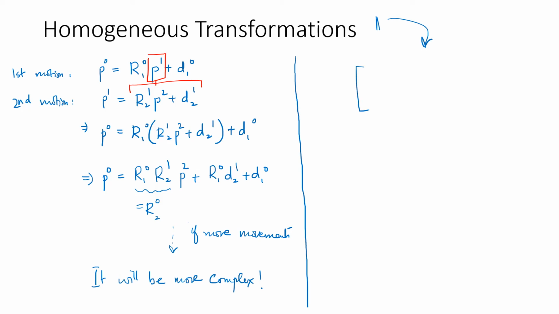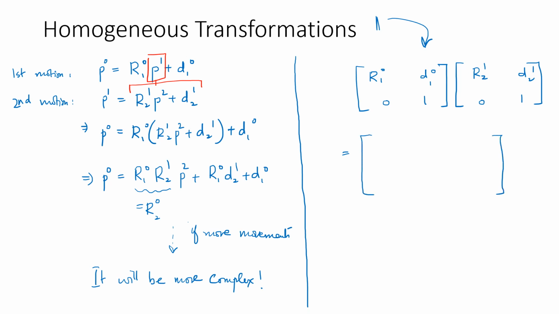So let's have a homogeneous transformation of the first motion, which is going to be R10, D10, 0 and 1, multiplied with the second motion, which is R21, D21, 0s and 1. When you multiply these two together, you are going to have another matrix, which is the beauty of homogeneous transformations. Let's try to find that one out.